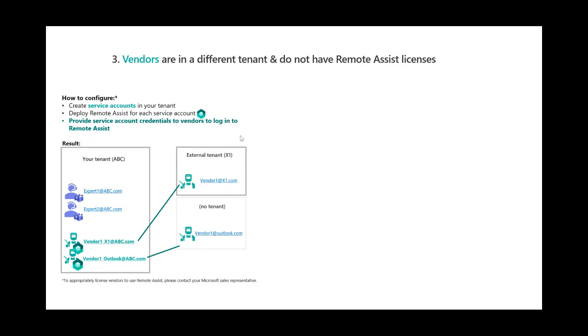So vendor1@x1.com would go on Remote Assist and sign in using the vendor1_x1@abc.com email. And similar for vendor1@outlook.com. And again, this is an explanation of how to set this up technically, but to appropriately license vendors to use Remote Assist, you must first contact your Microsoft sales representative.